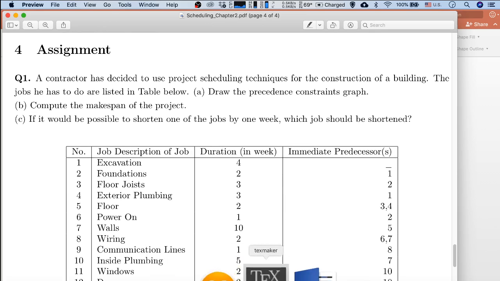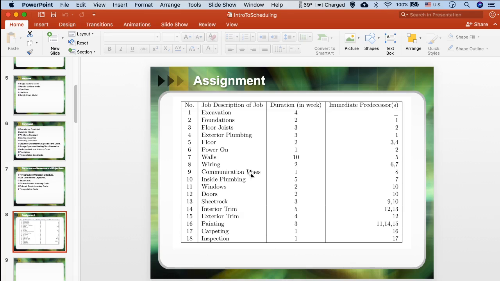So here, I will explain the assignment a little bit. For example, now we have a set of jobs, 1, 2, 3, 4, 5 up to 18, and we also have the processing time here.